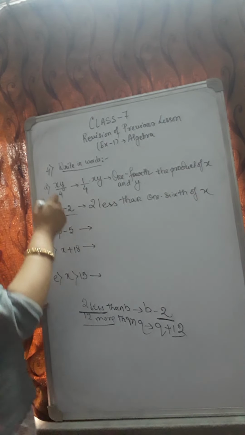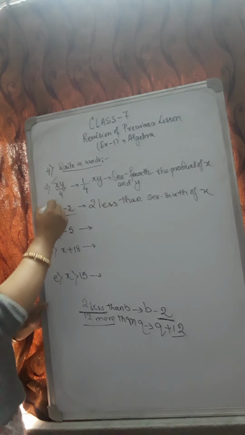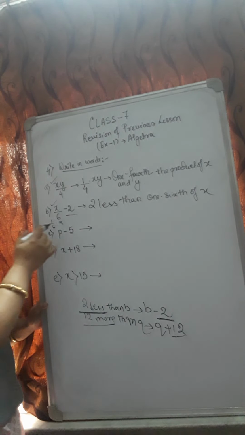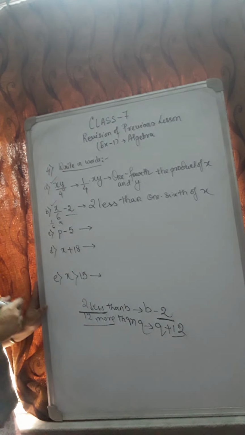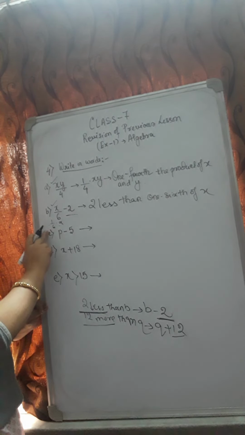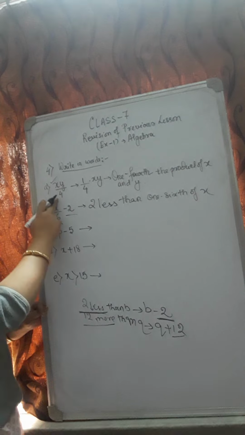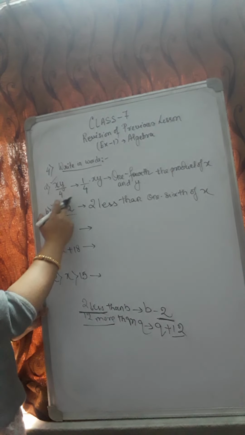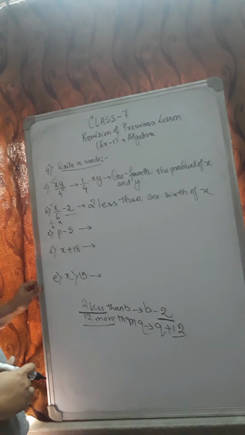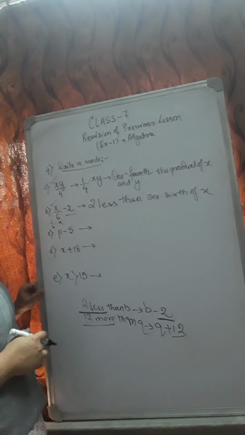So whenever numbers are given like this, you break the fractional part and write it, and whatever is given along with it, you attach to it. So 1/6 of x. Here what you have written is 1/4 of the product of xy. So you are breaking the fractional part and writing in words.